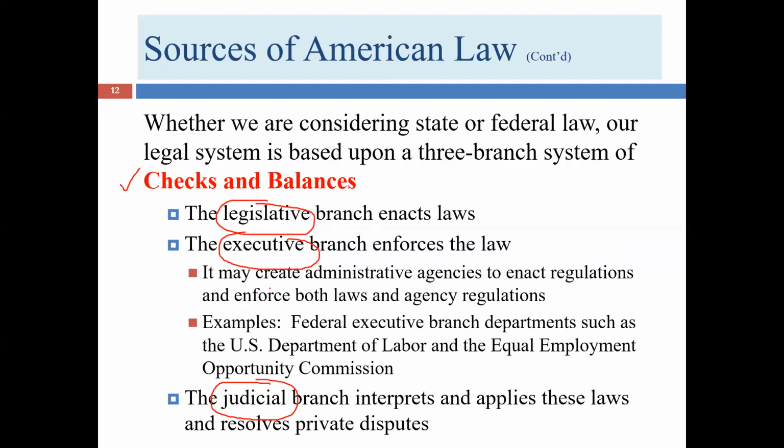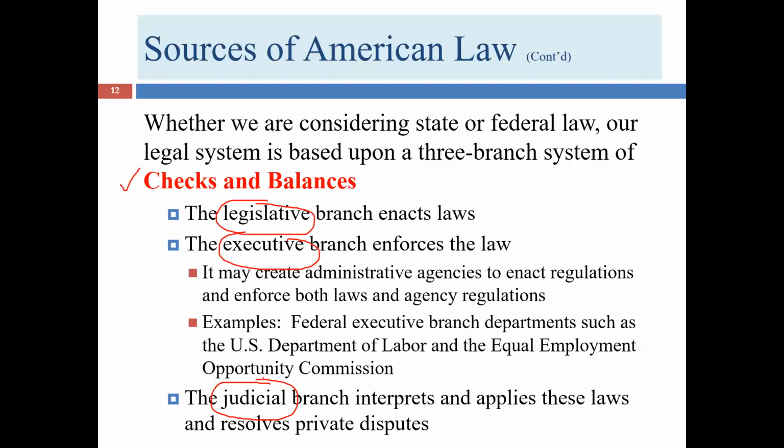And the legislative branch also has the authority to advise and consent in terms of the selection of judges. They have to vote to approve the nomination of the executive in his or her choice for the court. And of course, the legislative branch can be involved in impeachment of judges.